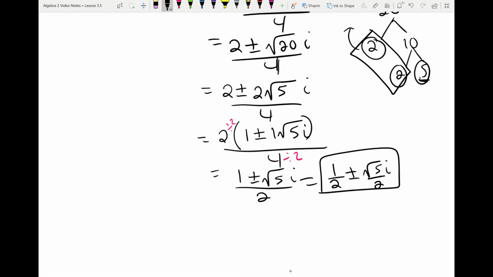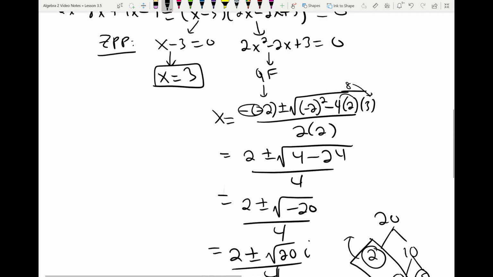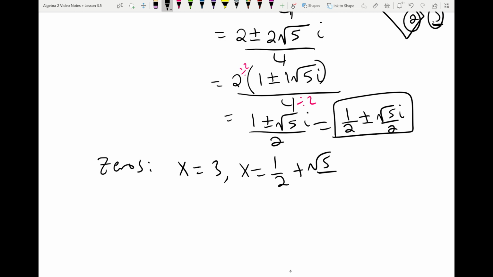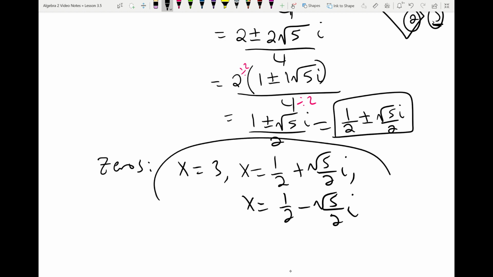All right, so we have that as our zeros. So our zeros are x equals 3, x equals 1/2 plus square root of 5 over 2 i, and x equals 1/2 minus square root of 5 over 2 i. So those are our 3 zeros.